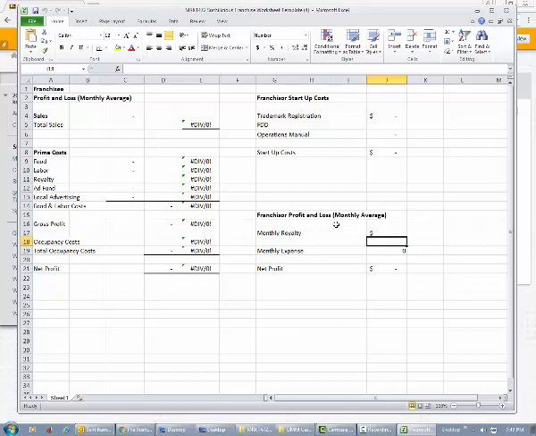Okay. The third part of this is the franchise profit and loss, and it's based on the monthly average. Again, the only thing the franchisor is going to get is the monthly royalty. So this number down here isn't as important to the franchisor.